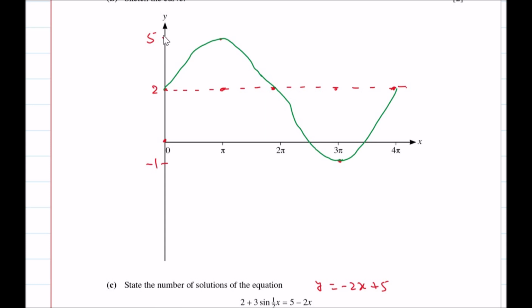So we are here at 5 and the gradient is negative 2. So it will be going downwards from here.